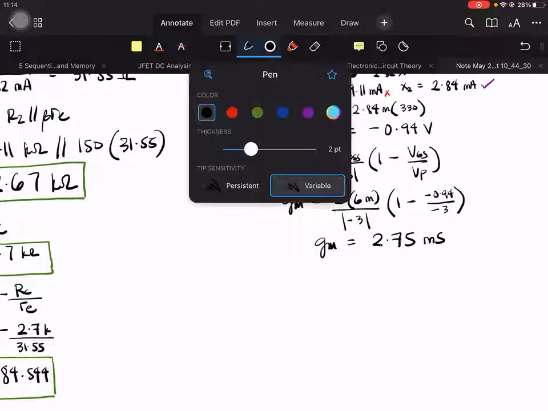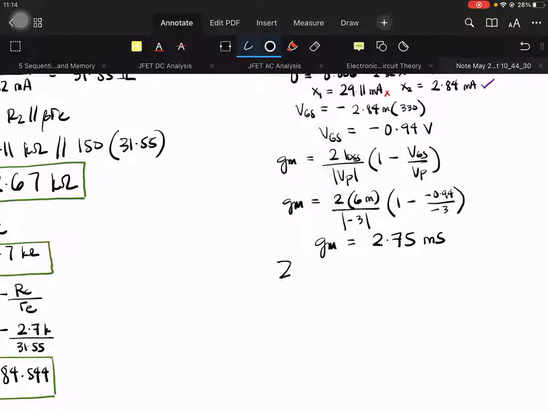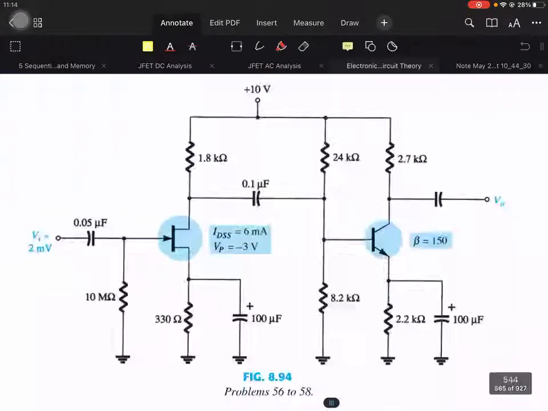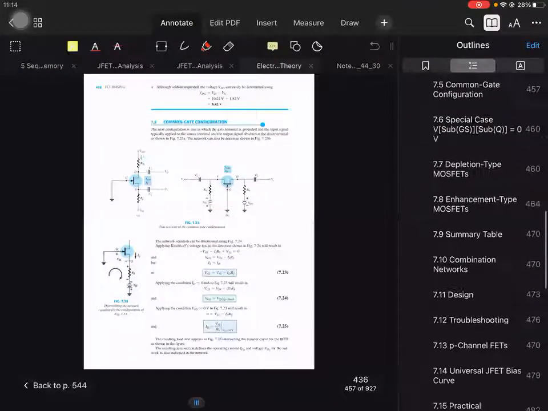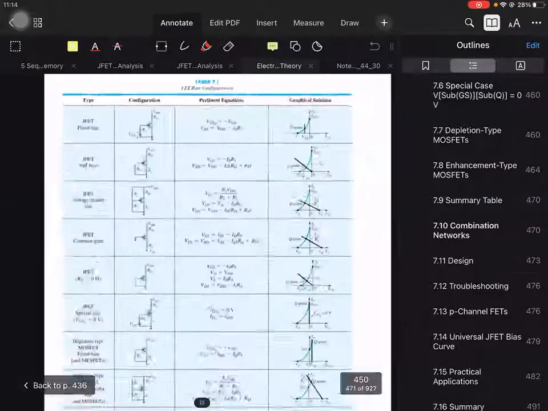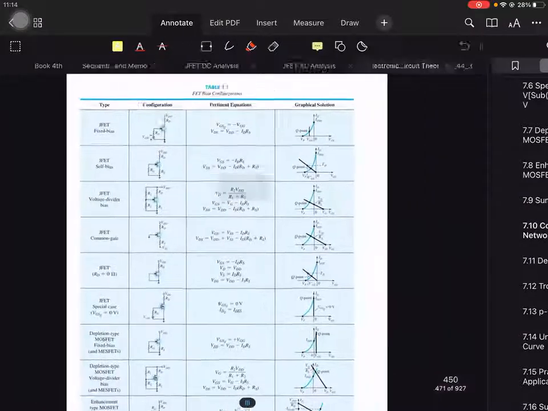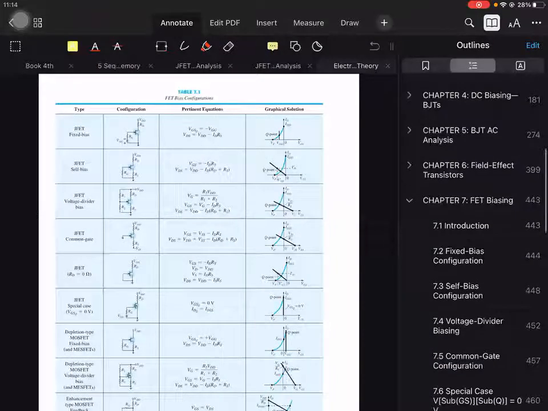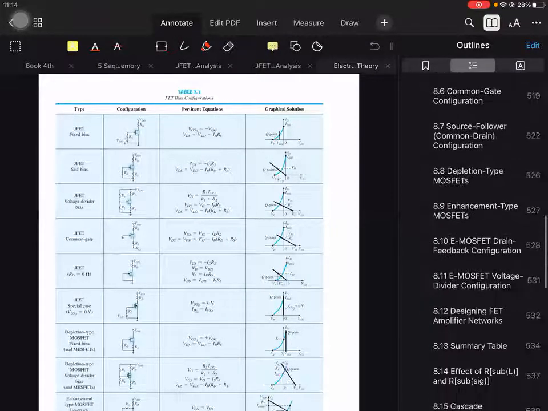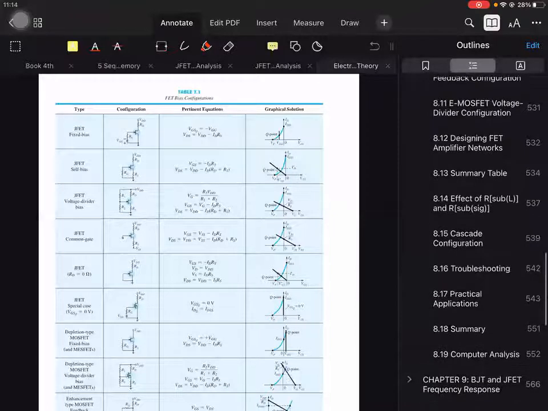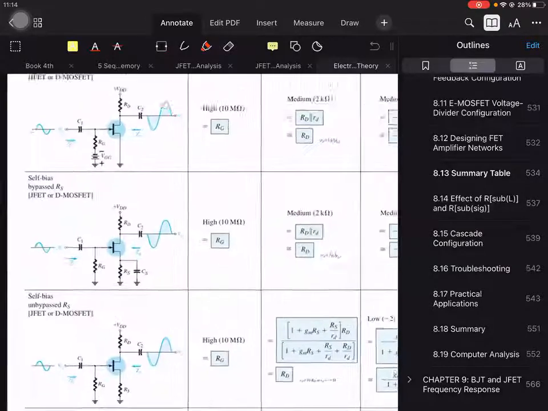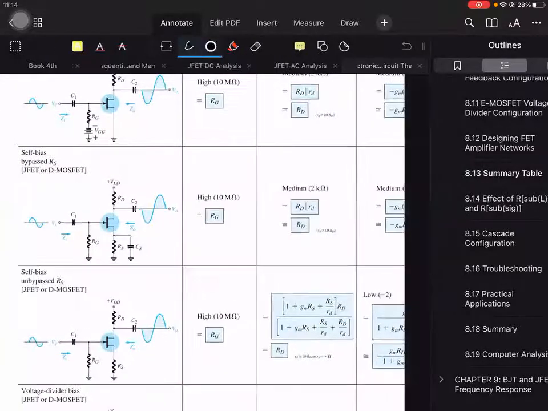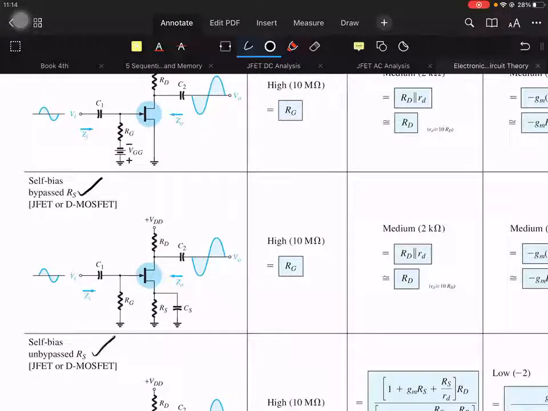ZI, ZO, and AV. So the ZI for self-bias AC: there is the bypassed and the unbypassed.